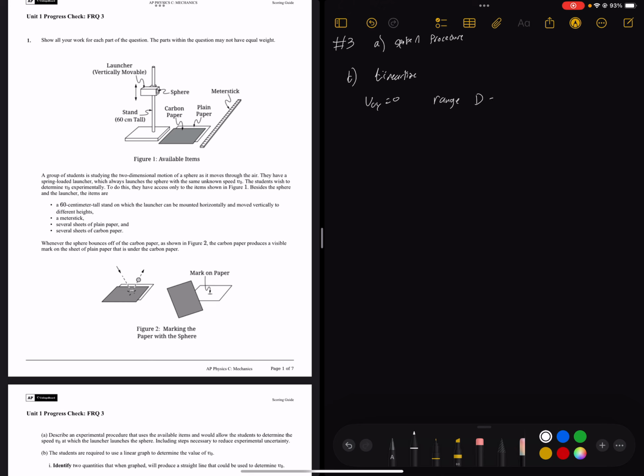So my range d is equal to my velocity in the x direction times time. My velocity in the x direction is basically just the launch velocity of the projectile launcher. It's a horizontal projectile launcher. So the range is the horizontal velocity times time.